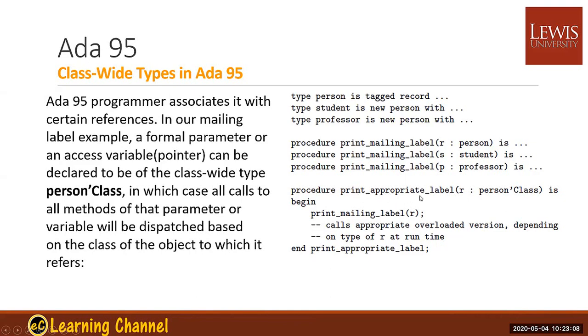You can have this print appropriate label, and here you pass in a Person'Class. At this time it determines whether you use the Person, Student or Professor definition. Here is a class-wide type, in which all calls to the method or parameter are dispatched based on the class it refers to, so based on the subclass type.